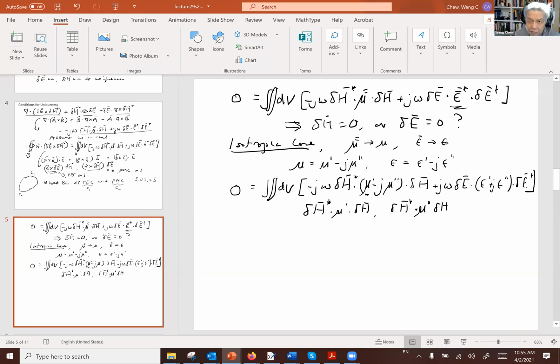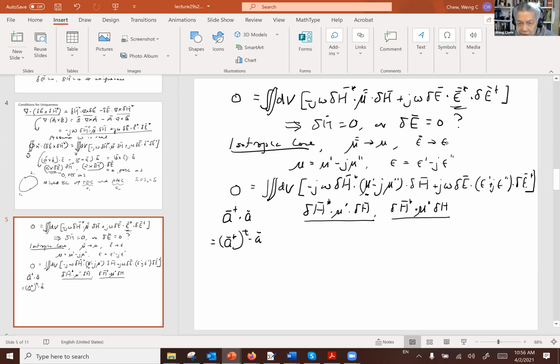And if mu prime is a positive number, what do you know about this inner product? And if mu double prime is a positive number, what do you know about this inner product from linear algebra? That is, if you take the inner product between two vectors, where one of them has been complex conjugated, say two vectors like this, this actually means A complex conjugate transpose dot A. And this is something that you learn in linear algebra.